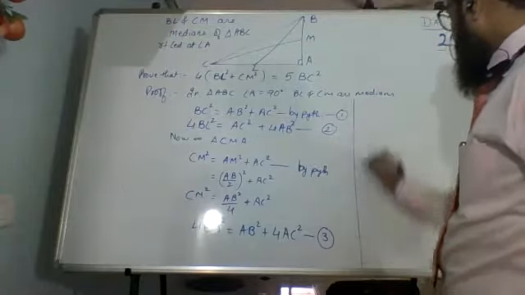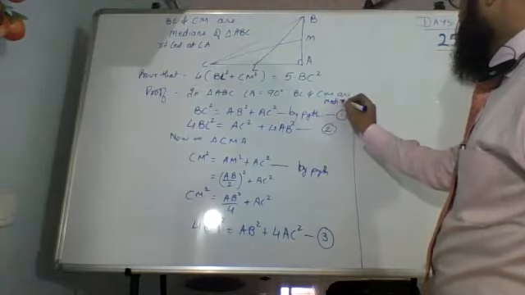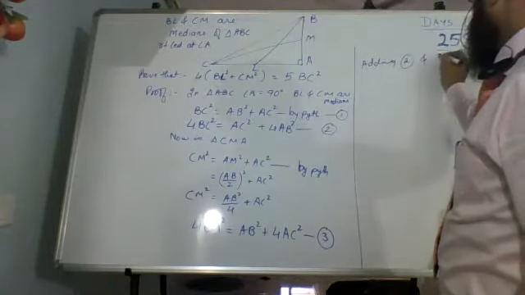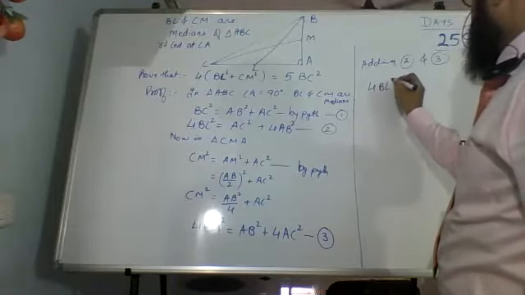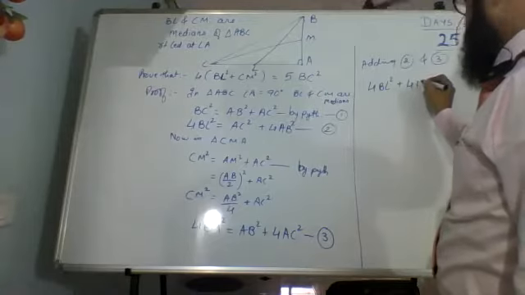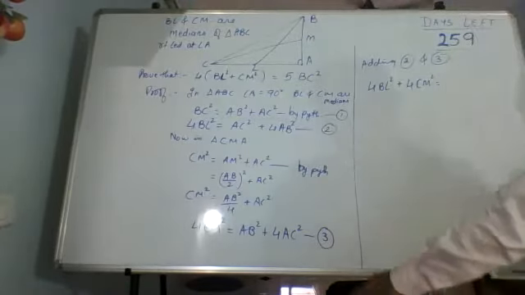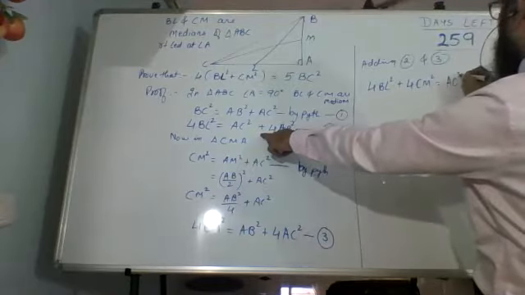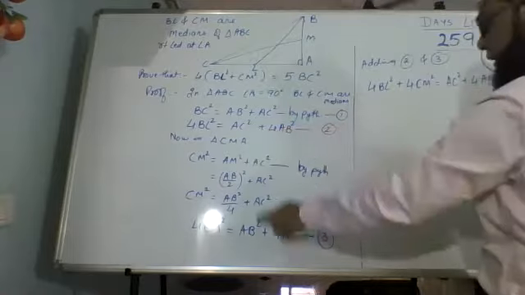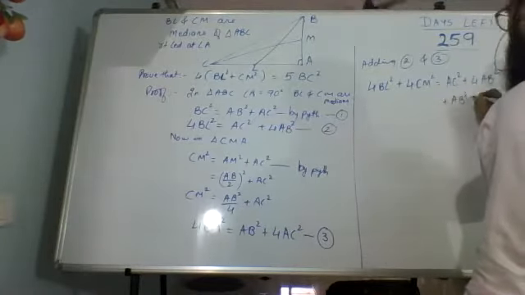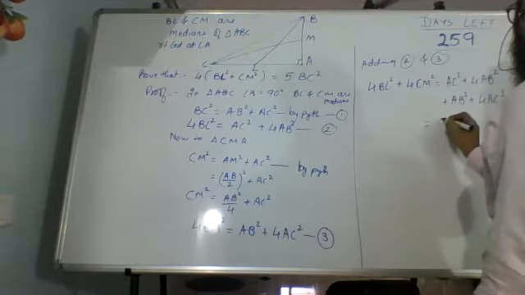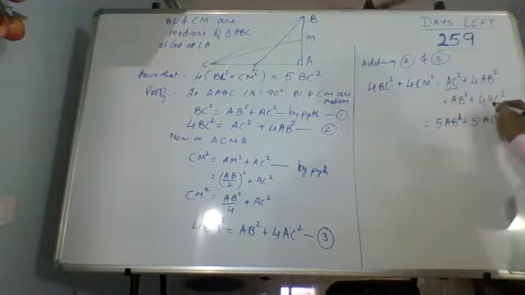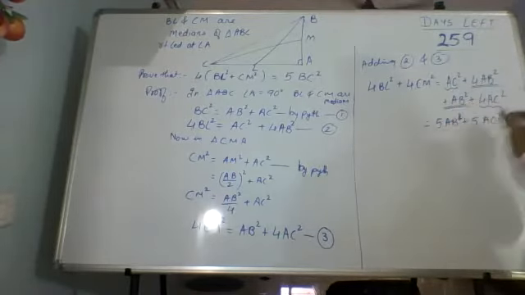When I add 2 and 3, 2 is 4 BL square, plus 3 is 4 CM square, equals AC square plus 4 AB square plus AB square plus 4 AC square, which is nothing but 5 AB square plus 5 AC square. 1 AC plus 4 AC, 4 AB plus 1 AB. This is what it is.